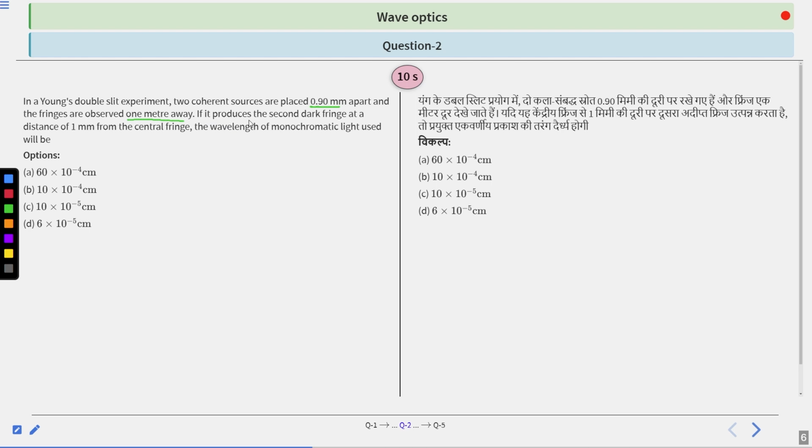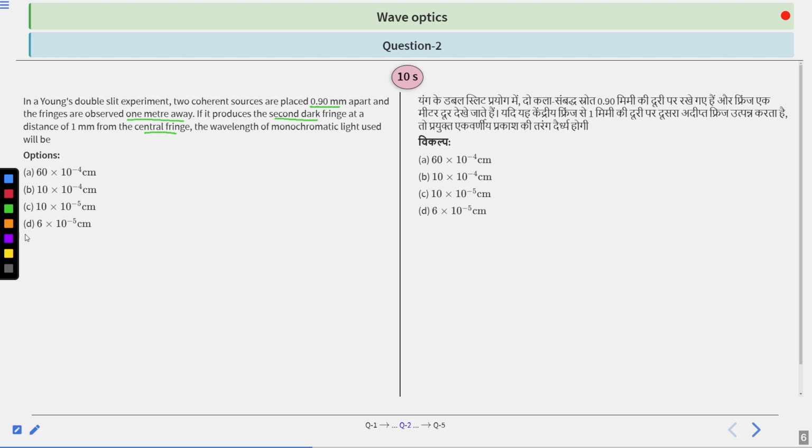If it produces the second dark fringe at a distance of 1 mm from the central fringe, the wavelength of the monochromatic light will be what?